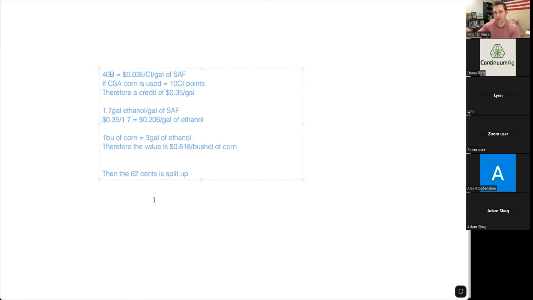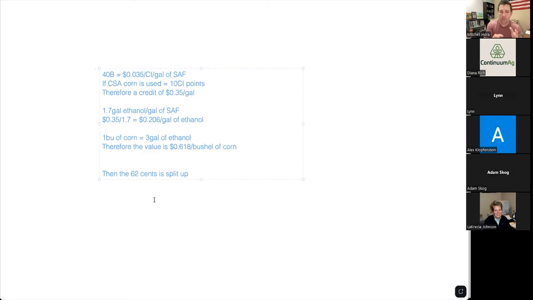Then you earn additional points for the CI reduction. So technically with 40B, it could be a little bit higher than this, but I don't want to spend even more time than what we already have. The point being is 62 cents or so, kind of best case scenario here per bushel under 40B. And so if they use this bundle approach, I don't think it's going to be that incredible.